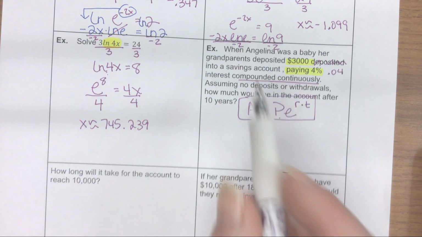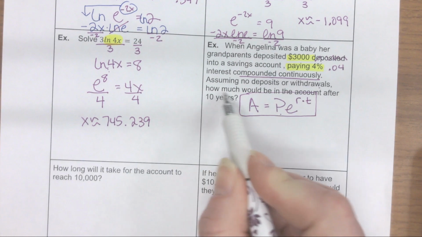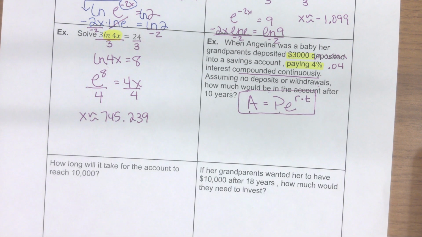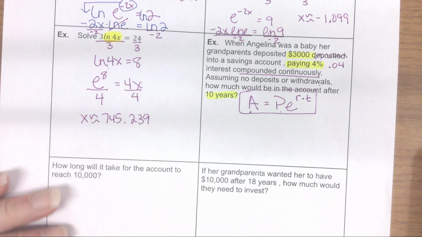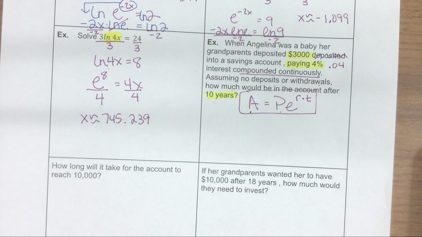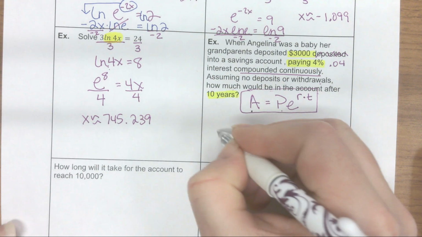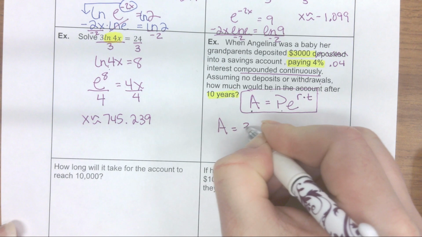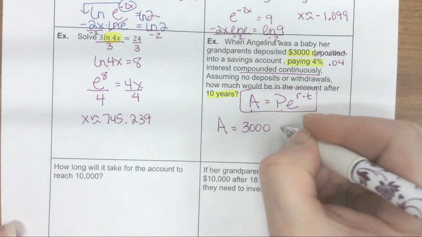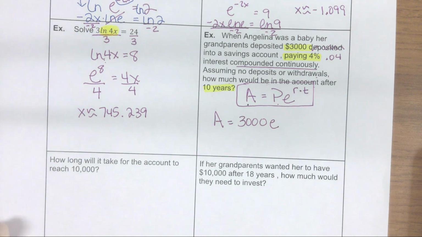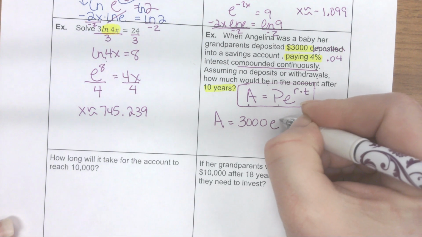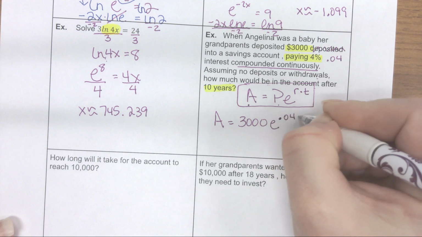Assuming no deposits or withdrawals, how much would be in the account? So we're going to figure out A after 10 years. 10 years would be the time. So let's first plug these all in. The principal was $3,000, we're going to use the e on our calculator, and 0.04 times 10.